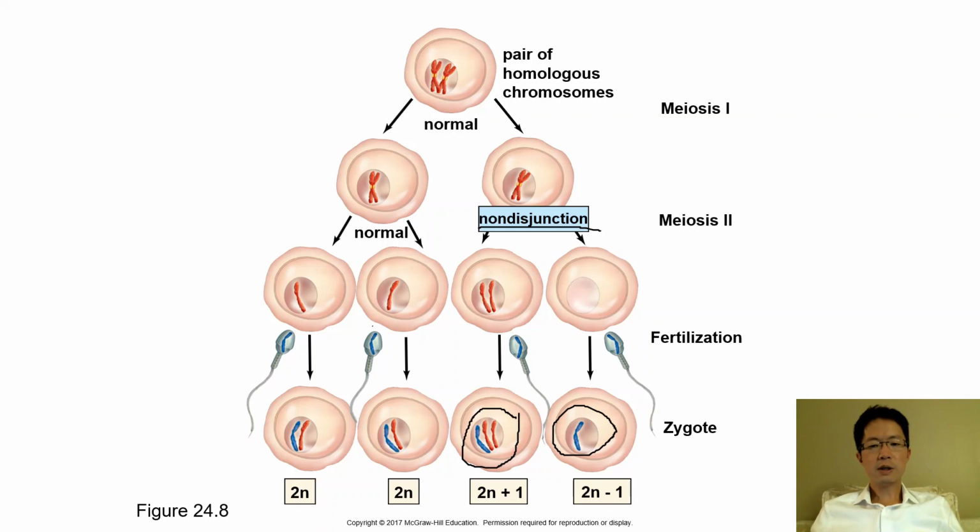Remember in the previous slides, if you have a non-disjunction, that means the homologous chromosomes do not separate in meiosis 1, then you have 50% of the chance to have trisomy and 50% of the chance to have monosomy. But here, you have 25% of the chance you get trisomy and 25% of the chance you get monosomy. The other 50% of the chance you will have a normal, healthy diploid.